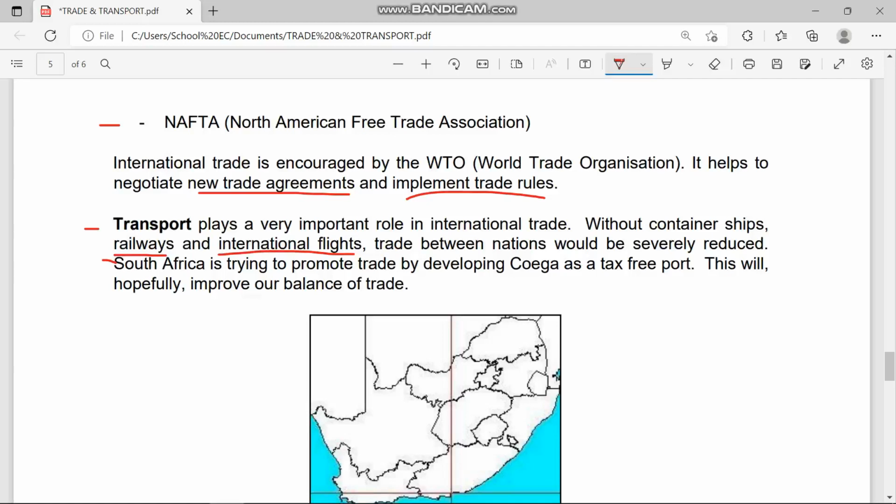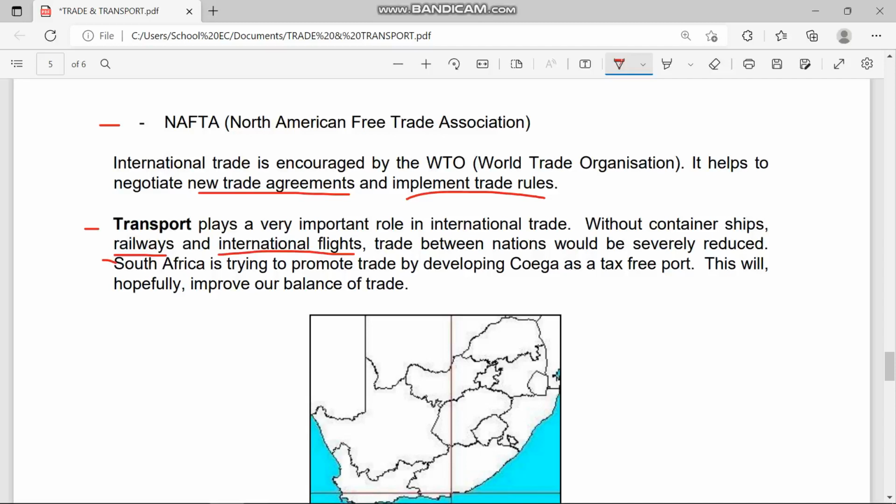What does this word come from? Coega is a word that is derived from an ancient Khoikhoi or Khoisan language, koega, which basically means groundwater.